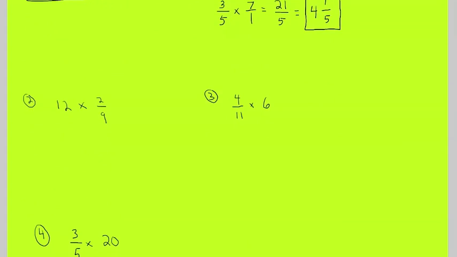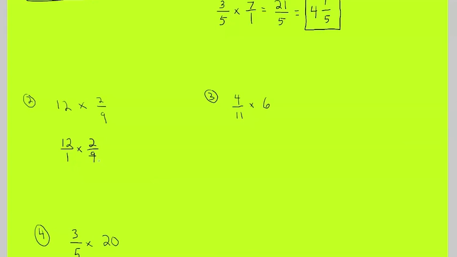We have 12 times 2 over 9. Again, we have to change 12 into a fraction that still equals 12, and we're always going to use 1 to do that. So 12 over 1 times 2 over 9. In this case, if we look at our cross products, we can go ahead and actually simplify. We can cross simplify. 9 and 12 share a common factor of 3.